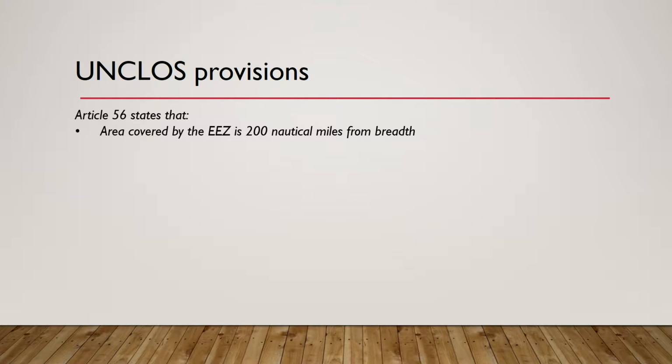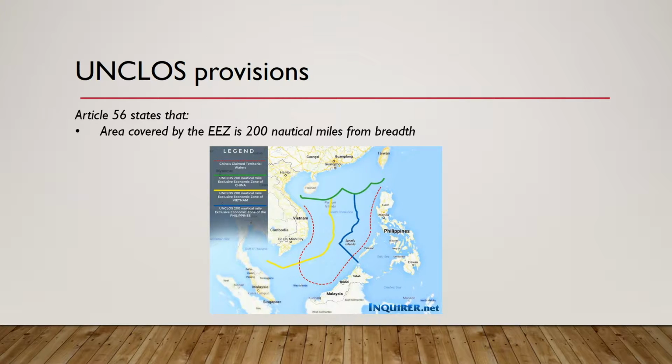Firstly, in Article 56 of UNCLOS, the exclusive economic zone extends 200 nautical miles from the baseline from which the breadth of the territorial sea is measured. The EEZ clearly covers the Spratly Islands and the other islands being claimed by China.